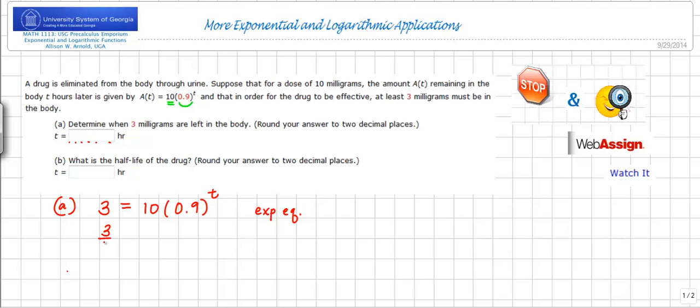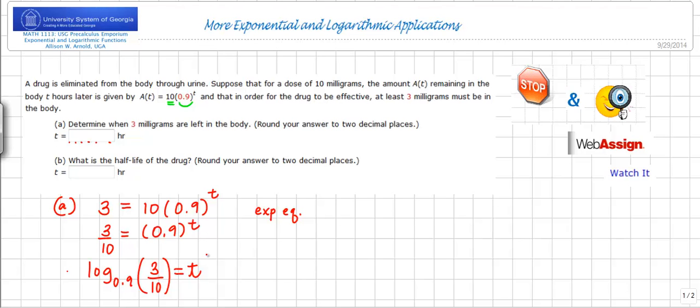So I'll divide both sides by 10. And while I could write that as 3/10 or 1/3, probably what I would not do is write 0.333. I would leave it unrounded, whichever way I approach this. And then we know the definition of the logarithm says that log base 0.9 of 3/10 is T.